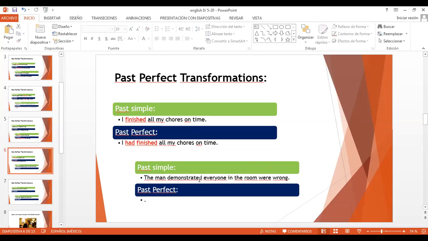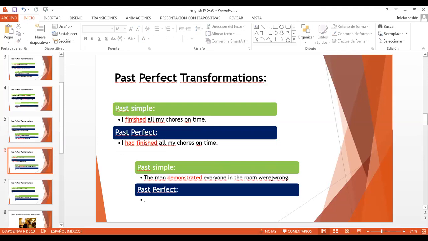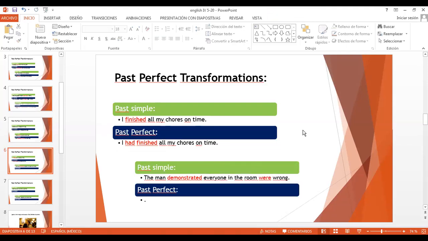es un poquito diferente. The man demonstrated, tenemos nuestra primera action. Demonstrated everyone in the room were wrong. ¿Qué dice la sentence? ¿Quién me ayuda? ¿Qué dice la sentence? The man demonstrated everyone in the room were wrong.